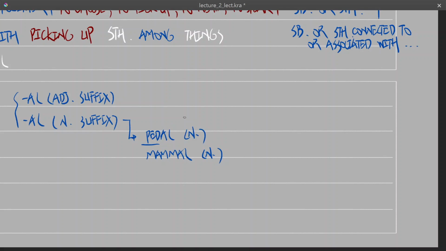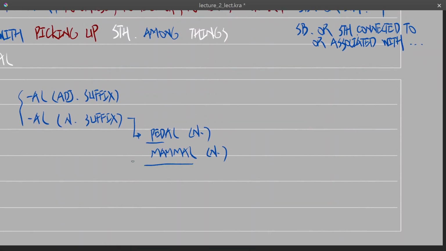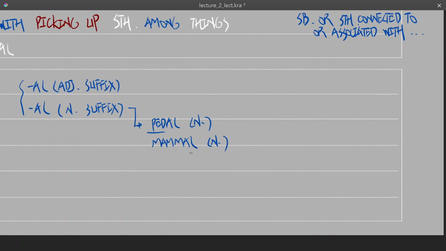And what mammal means, according to etymology, mamma means breast, and L means somebody or something connected to or associated with something. So mammal means a kind of species that are connected or associated with breast.